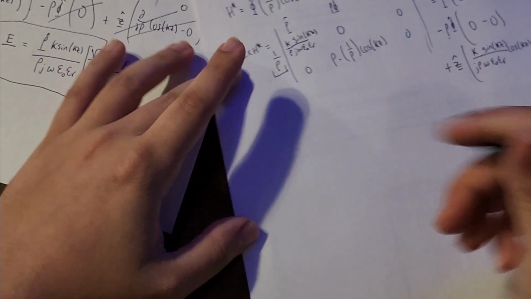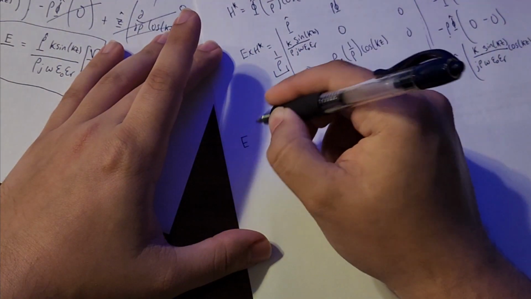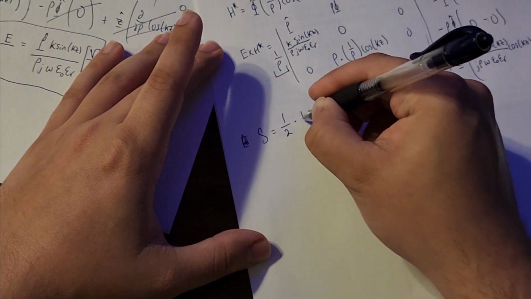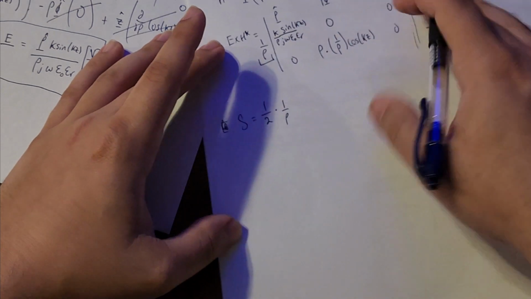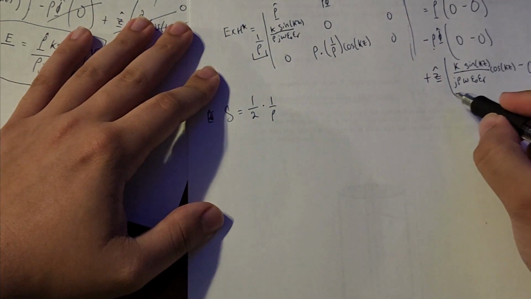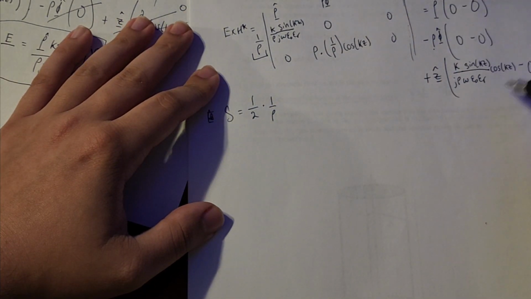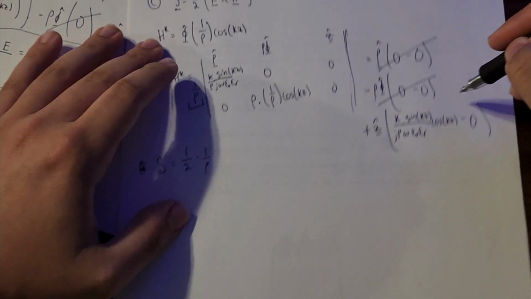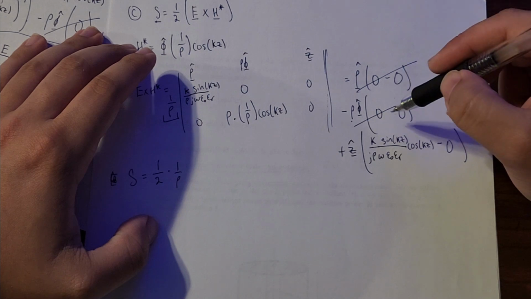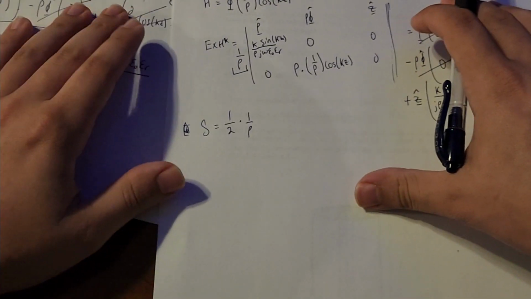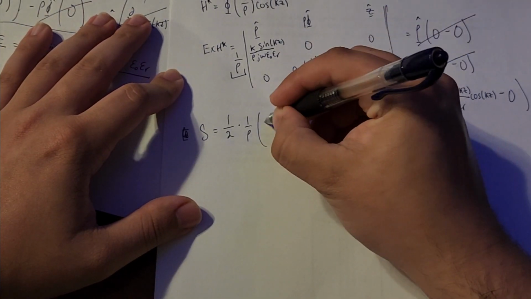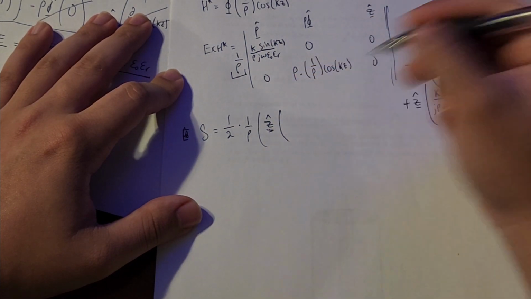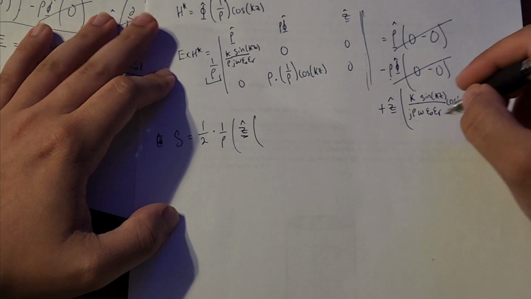So what we're left with now is S is equal to 1 over 2 times 1 over rho. Remember, this 1 over rho must come down, times this whole entire thing. This is 0, that's 0, and this is left here. Now, we multiply that and make sure it's in the z unit vector direction times all of this stuff here.